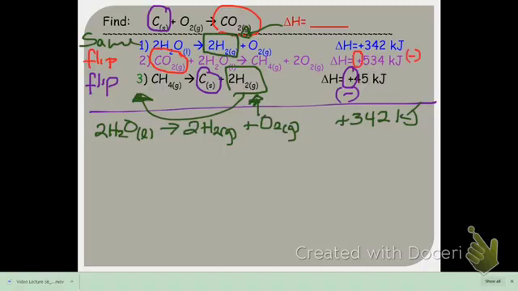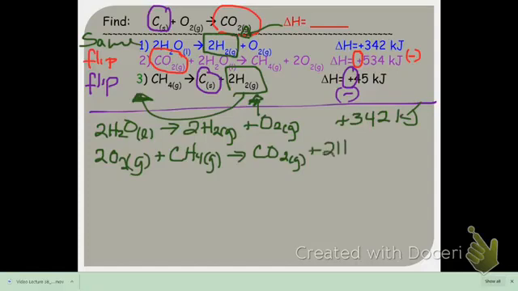So this becomes 2 CO2, the gas, plus CH4, the gas, produces CO2, the gas, plus 2H2O, the liquid, and our delta H is a negative 534 kilojoules.